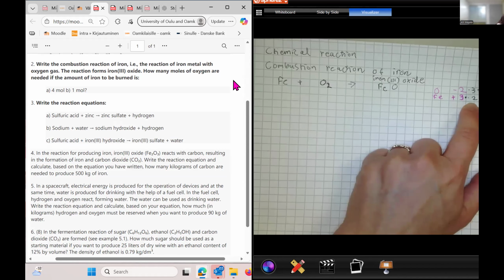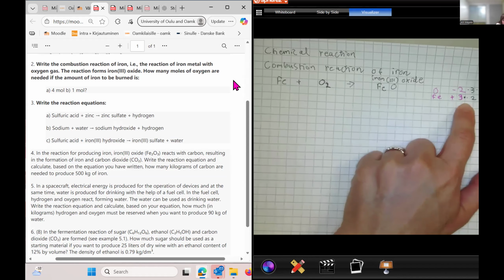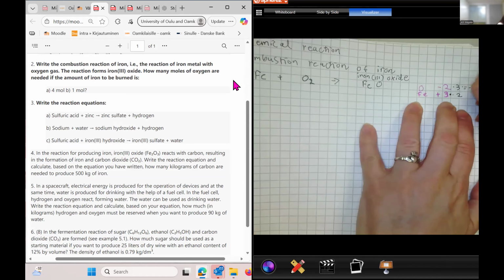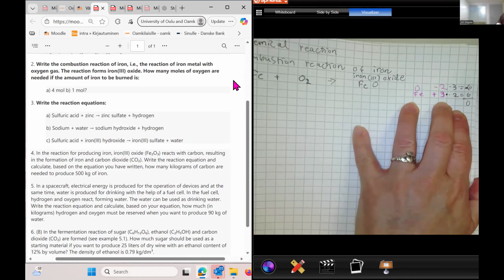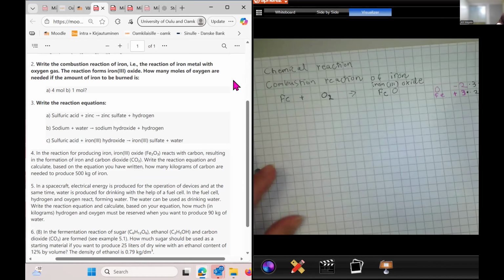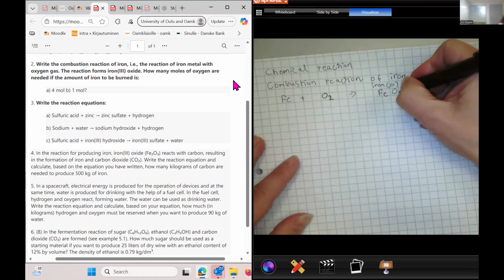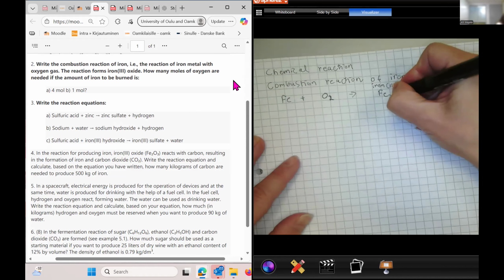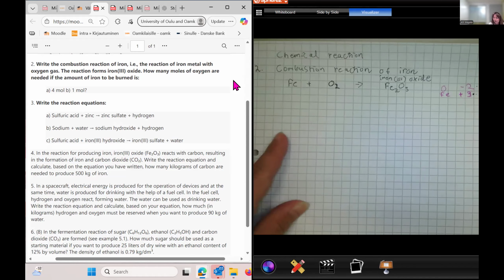If we add them together, that's, of course, 0. So the oxygen was 3, and the iron was 2. And now we have iron 3 oxide.